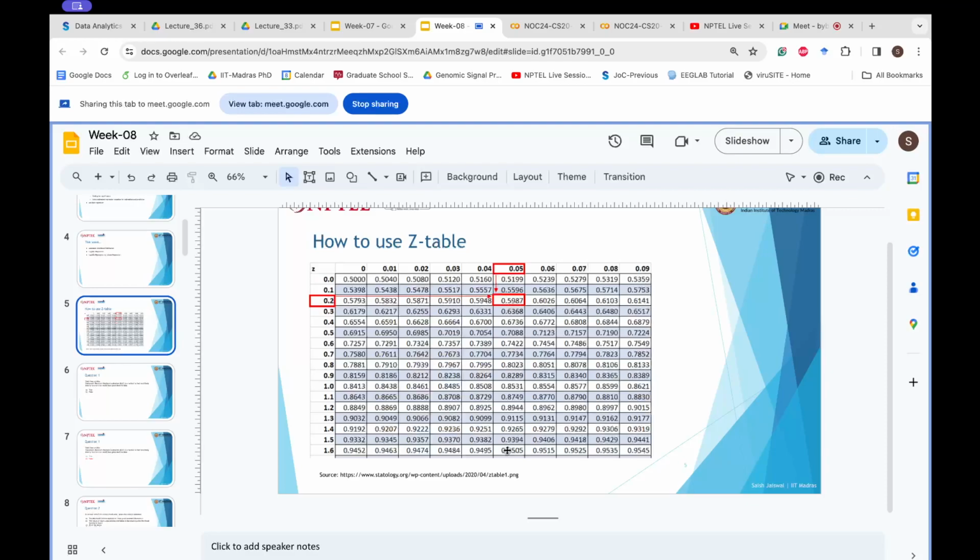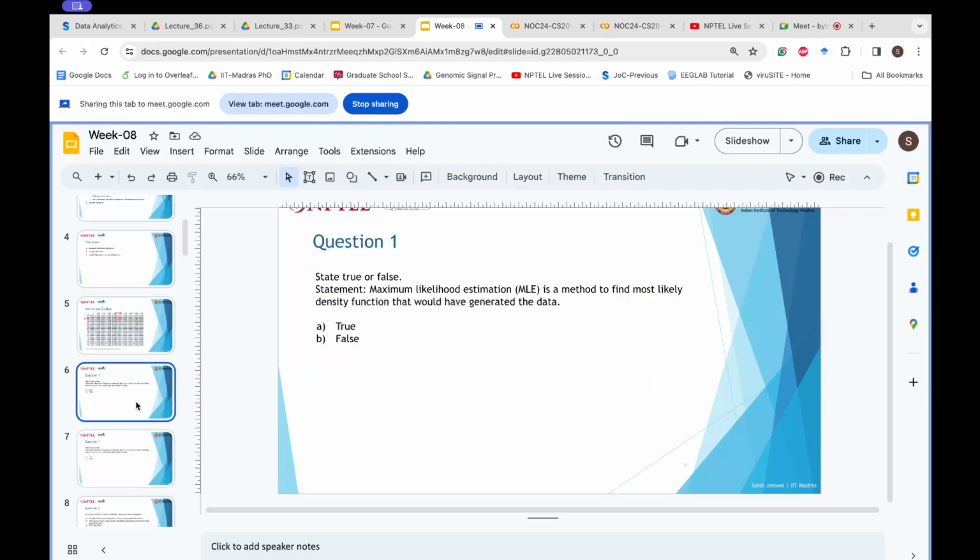So I'll leave it over here, but this was just to clarify. There was one query in some sessions on how to compute the CDF using this Z table. So this is an answer to that query.